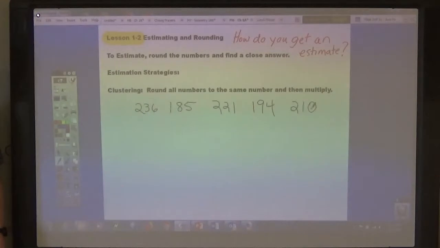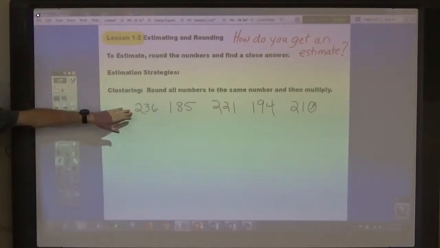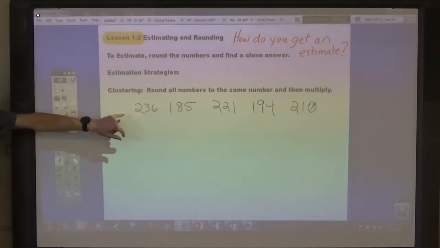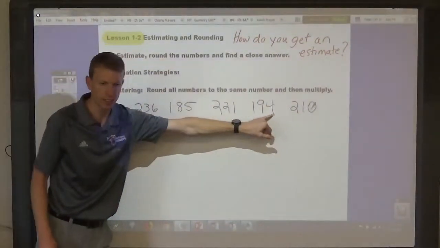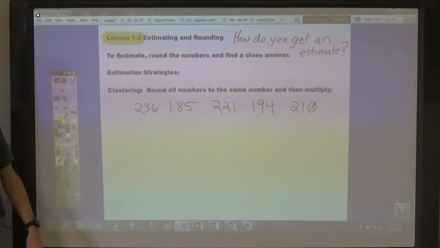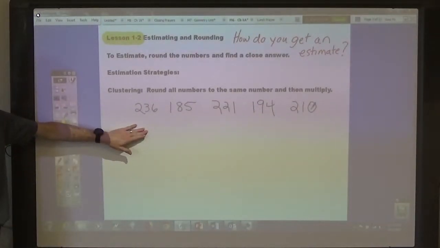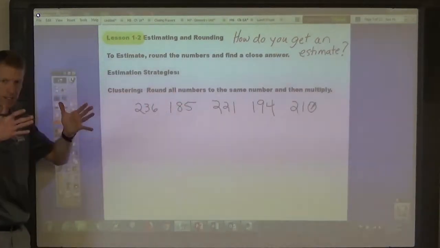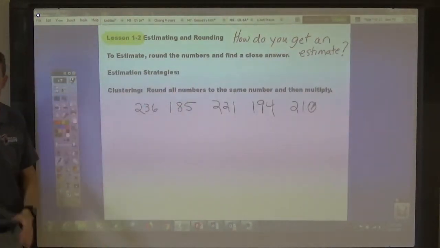Some of them are above 200 and some are below 200, but they're all pretty close to the same number. They're all pretty close to what hundreds number? What number is kind of the middle of them?